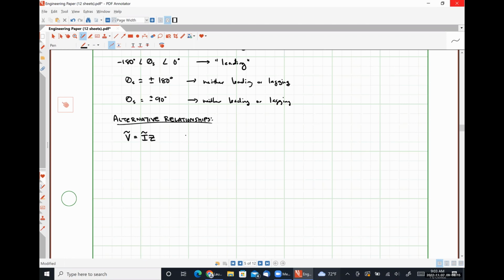So if we use this relationship and the relationship that our complex power is equal to V times I conjugate, what we'll find is, in general, S is equal to, so let's substitute V as I times Z, and then we multiply by I conjugate.